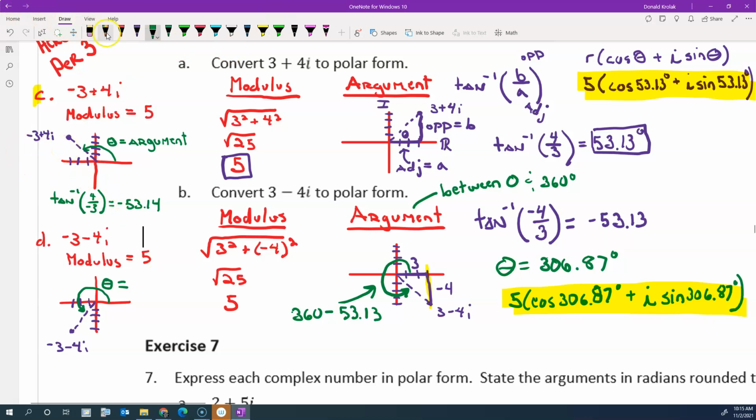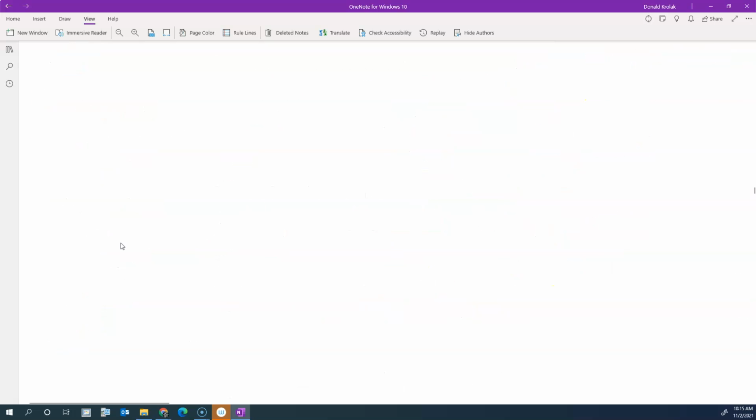All right, so let's zoom in here if we can. So the angle that it gives you is down here.